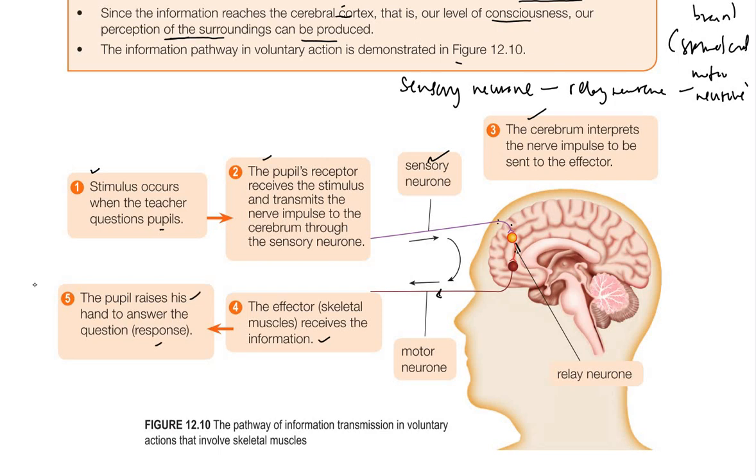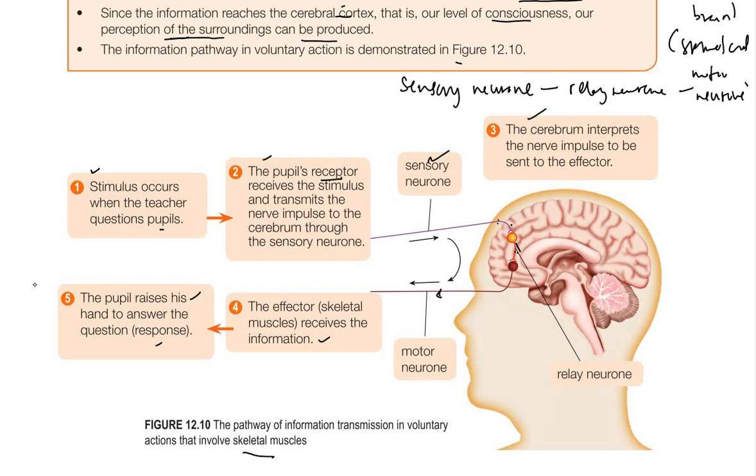So usually we have five steps involved in the transmission in voluntary actions that involve skeletal muscle. The most important thing to remember: start with the stimulus, the receptor receives it and produces the impulse, and then it is sent to the sensory neuron.